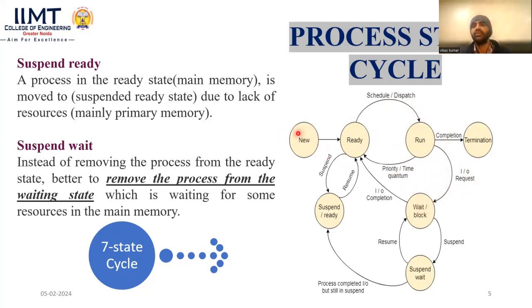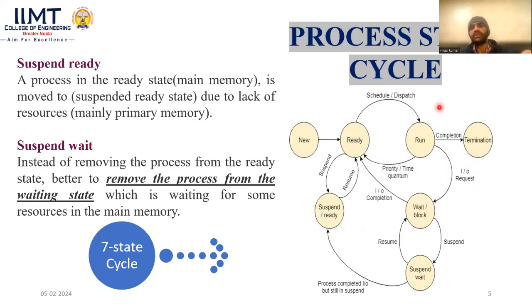So what we will do is take some process that does not have a high priority and move it from the ready state to the suspended ready state. This is the secondary storage part, the suspended ready state.